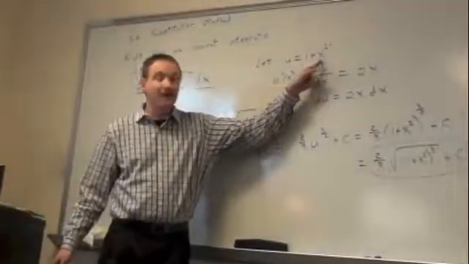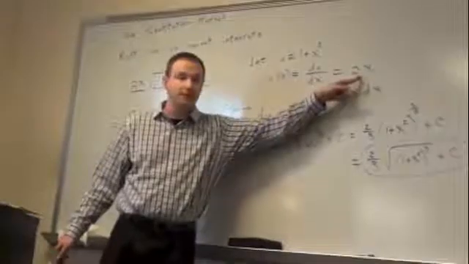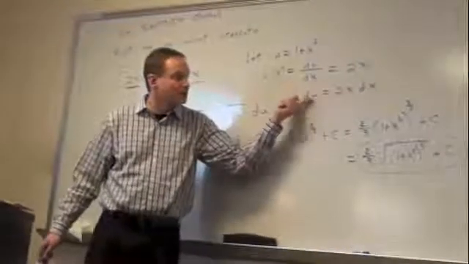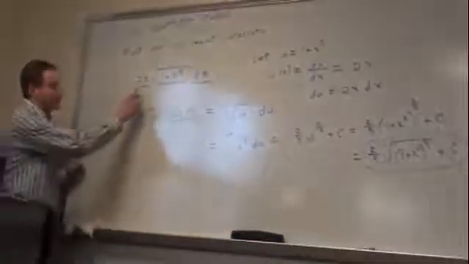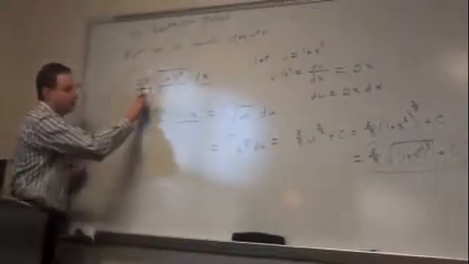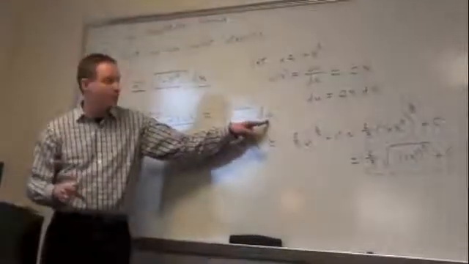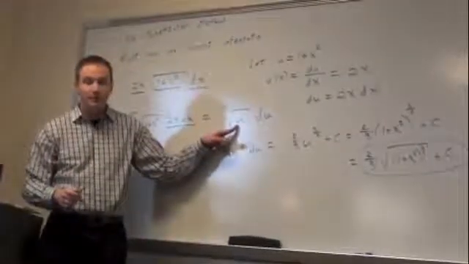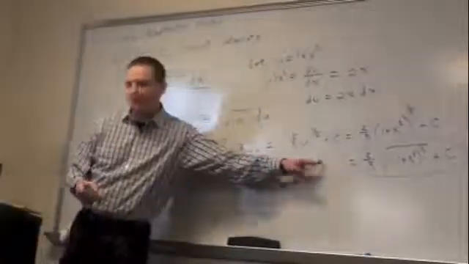And then I can say, well, if I call that u, the derivative of u with respect to x is 2x. So then du is 2x dx. It worked out nicely in this case because the other terms I had in there, 2x dx, became du. And then I just had the square root of u underneath the radical, which allowed me to use my power rule to simplify.